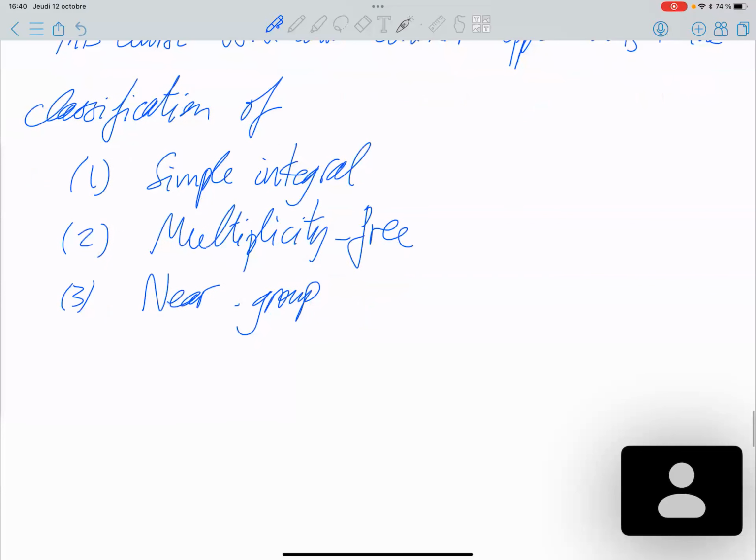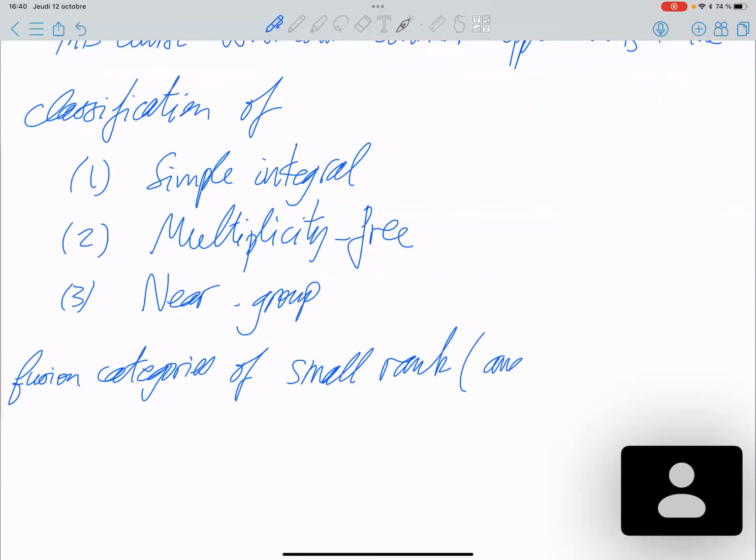So the classification of simple integral, multiplicity-free, or near group fusion category of small rank and or small enough Frobenius-Perron dimension. So as I said, we will recall the definition of fusion ring. It is not long. Then we will understand what I mean by rank, by Frobenius-Perron dimension, etc., if we did not see that before.